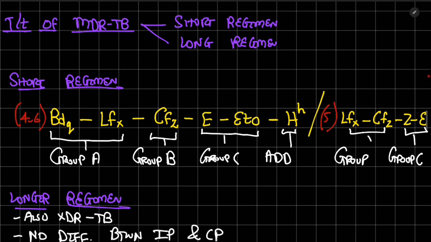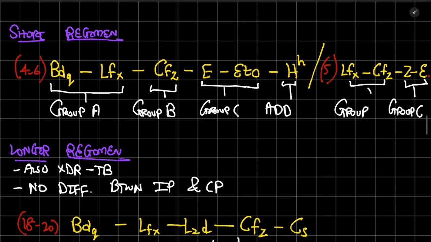Then we have treatment of multi-drug resistance TB, which states a shorter and a longer regimen. In the shorter regimen, we have the initiation phase for 4 to 6 months and the continuation phase for 5 months, in which the initiation phase contains 2 drugs from group A, which are bedaquiline and levofloxacin, 1 drug from group B, which is clofazimine.